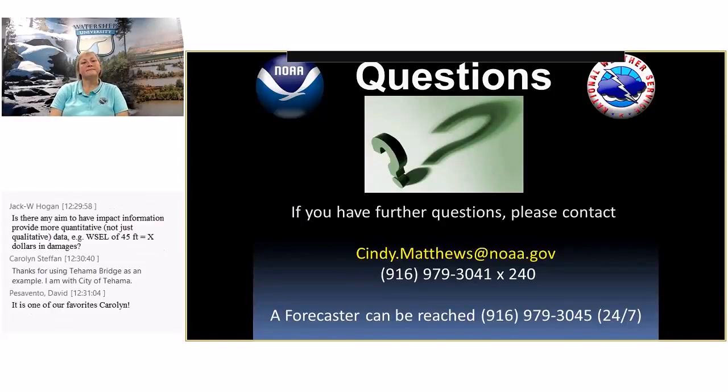Is there any aim to have impact information provided more quantitatively, not just qualitative data? For example, water surface elevation of 45 feet equals X number of dollars in damages. Because the dollar amounts and what the dollar's worth changes on a regular basis, we have documented some of those.